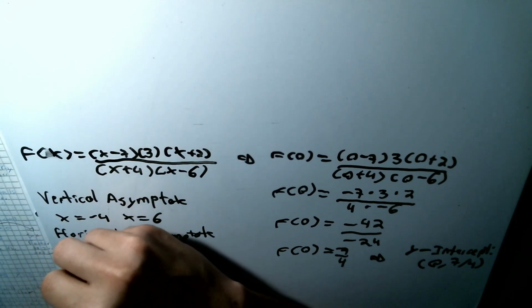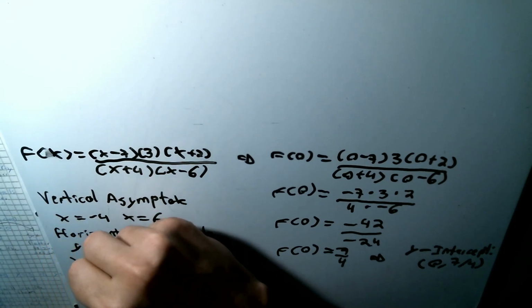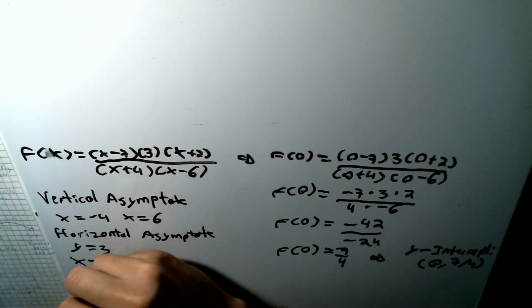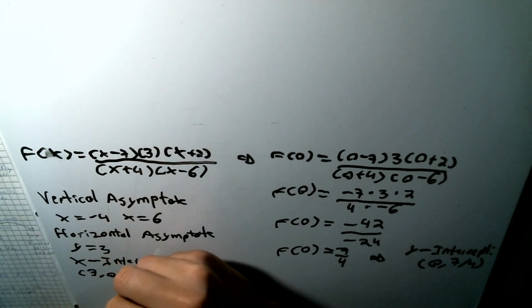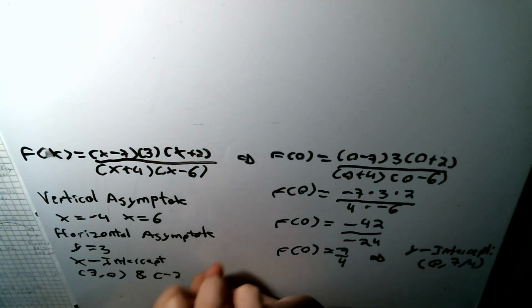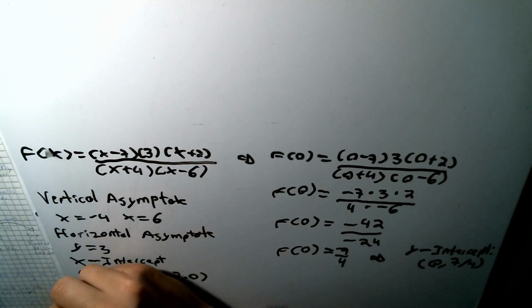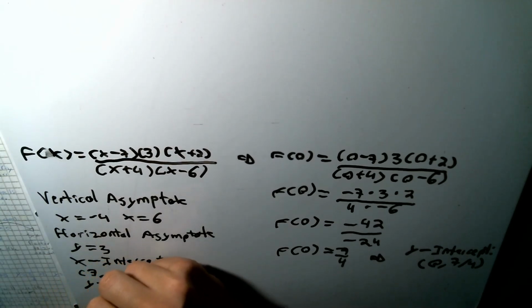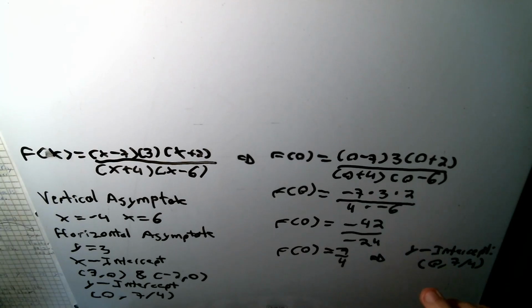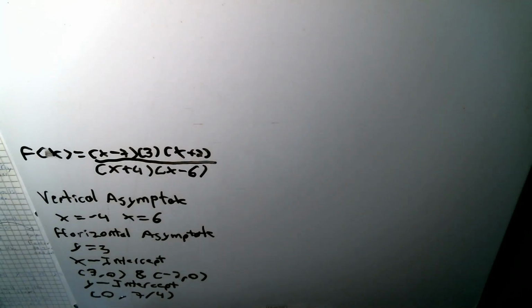The x-intercepts are 7,0 and minus 2,0, and the y-intercept is 0, 7/4. So this is the information that we got from the function.